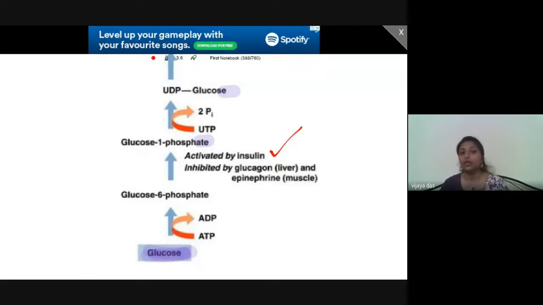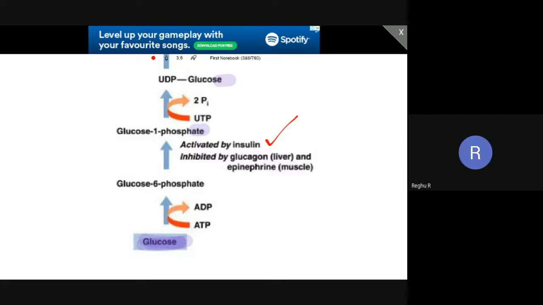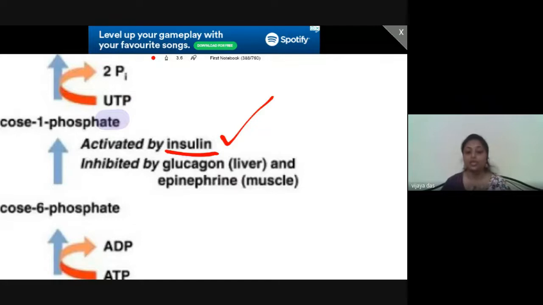Because when glycogen is being formed, the free glucose which is suspended combines together to give rise to a bulky molecule of glycogen. So at the time of glycogen formation, is the blood glucose level increasing or decreasing? Decreasing. Correct. And we know the purpose of insulin is to decrease the blood glucose level.